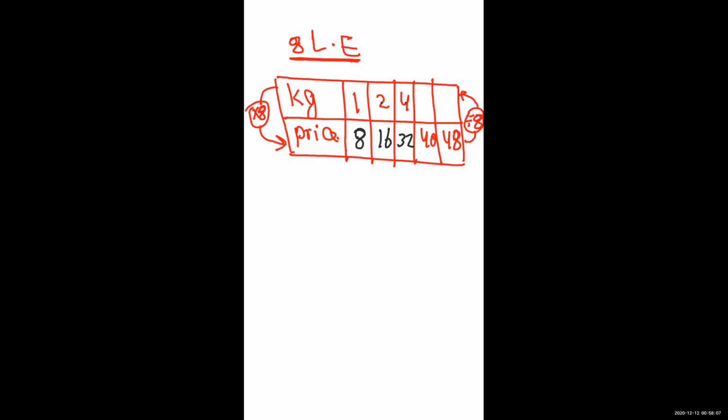Then 40 divided by 8 means 5. 48 divided by 8 means 6. That's very simple. Okay? Is it clear? Yes.